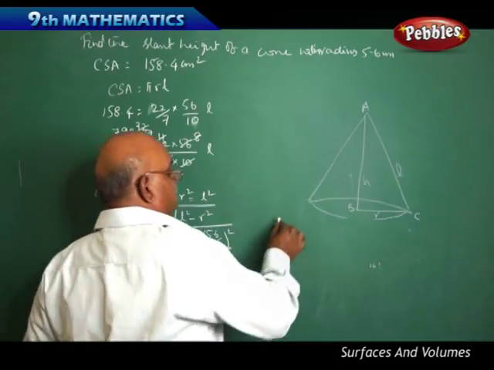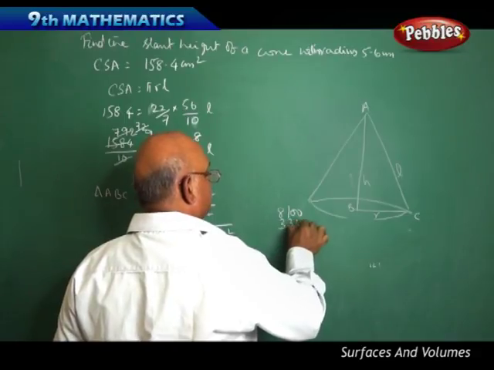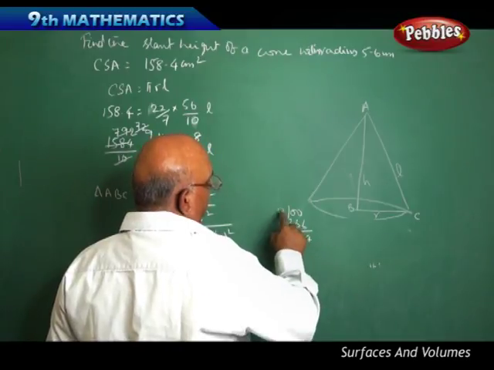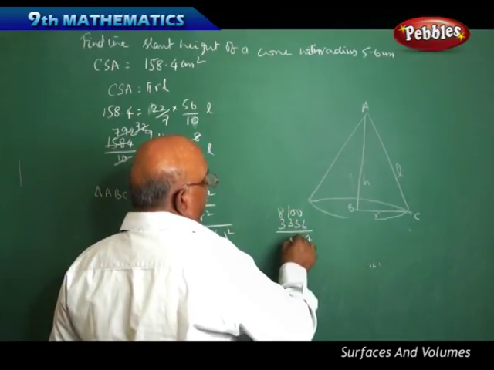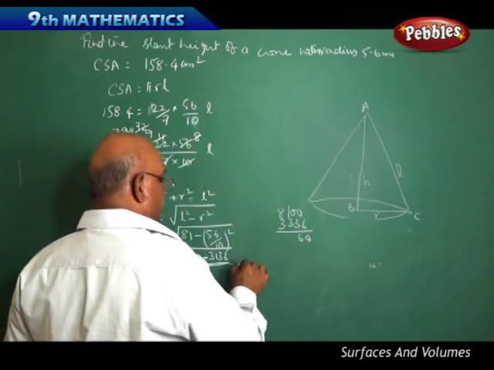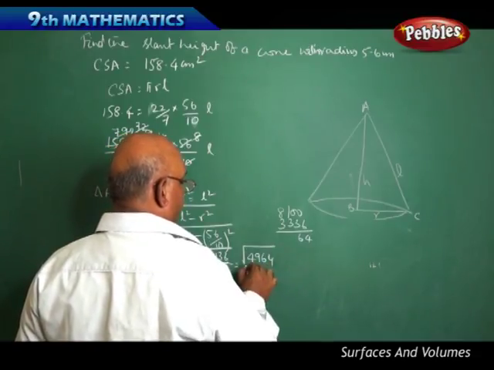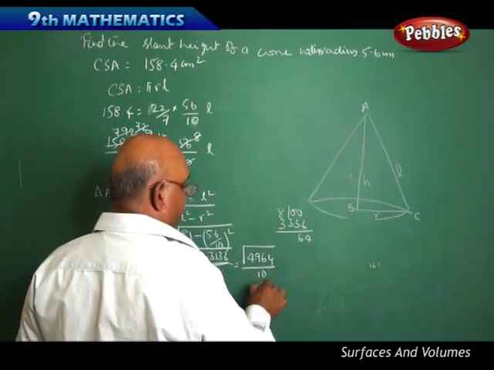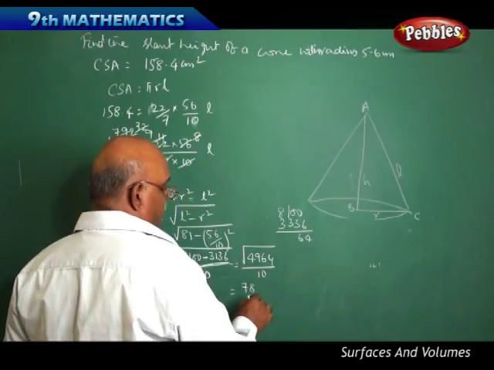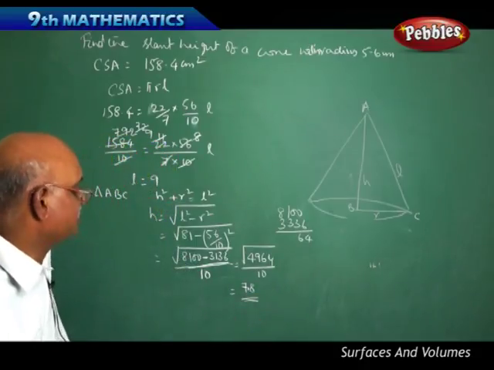If we simplify this, 8100 minus 3136 will give you 4964, divided by 100, and we are going to get this as 7.8 is the value for this.